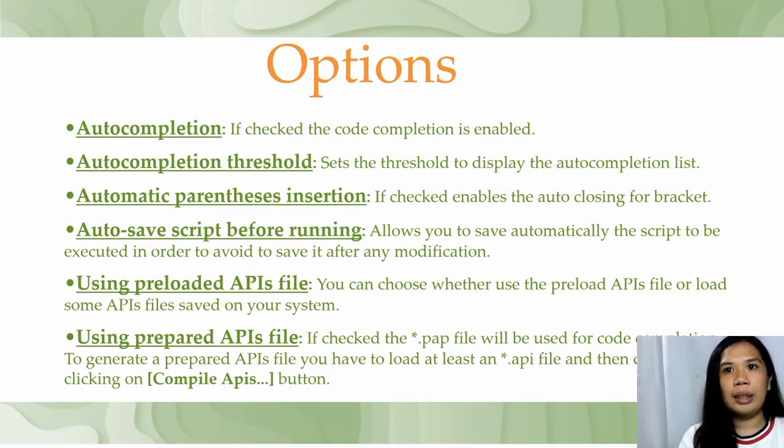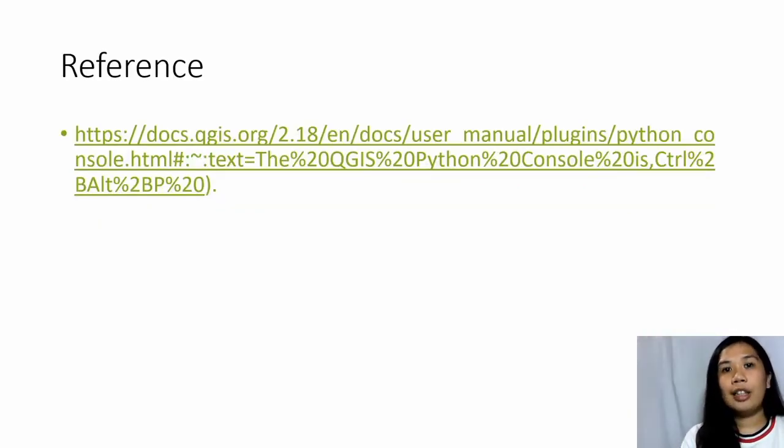If checked, an asterisk.pap file will be used for code completion. To generate the prepared APIs file, you have to load at least an asterisk.api file and then compile it by clicking on the compile APIs button. So that could be all.